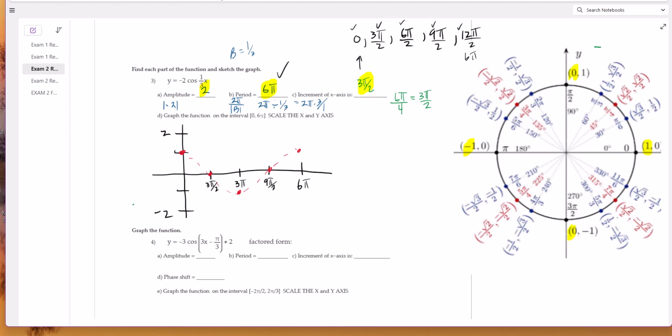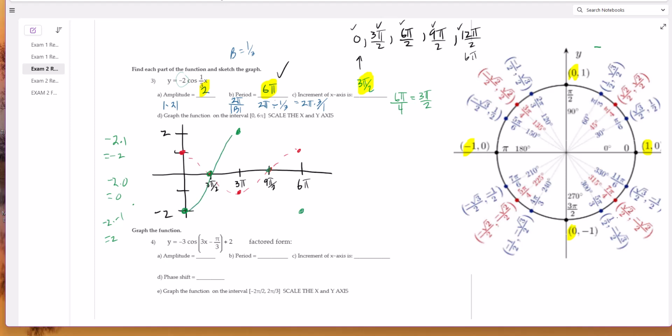So take this y value of 1, -2 times 1 takes you to -2. So this point moves down there. Multiplied by 0, if you do -2 times 0, that's still 0. So that point remains unchanged. And then -1, -2 times -1 is 2. So that point moves up there. So it's a stretch and it's a reflection. And then the rest of these things can be done like that. So now you got your graph.